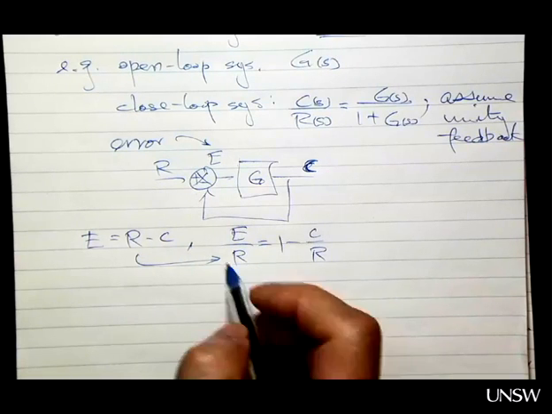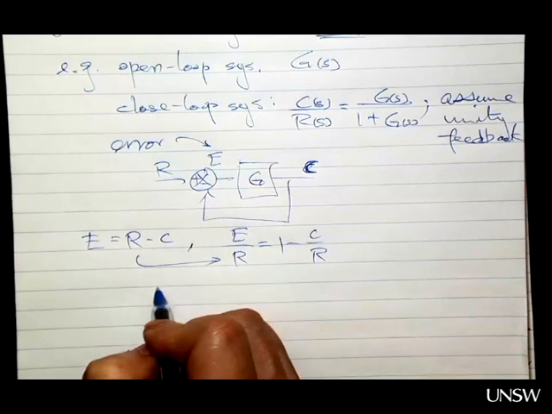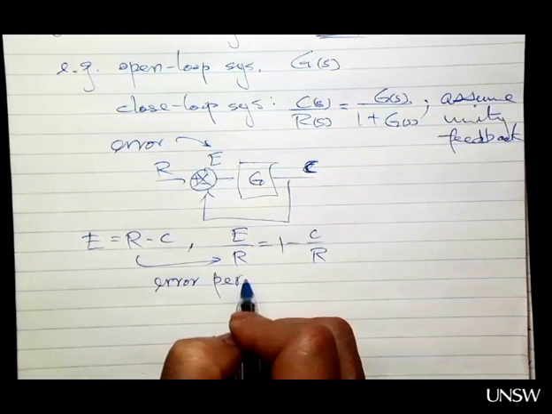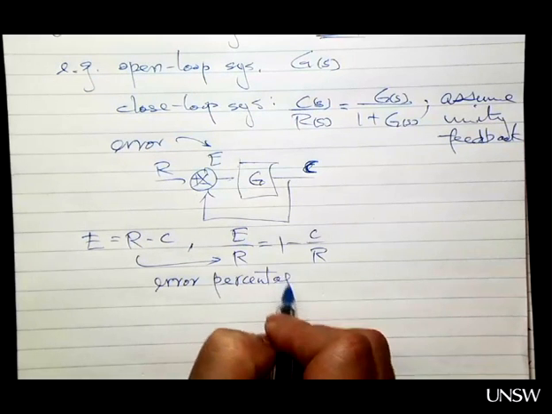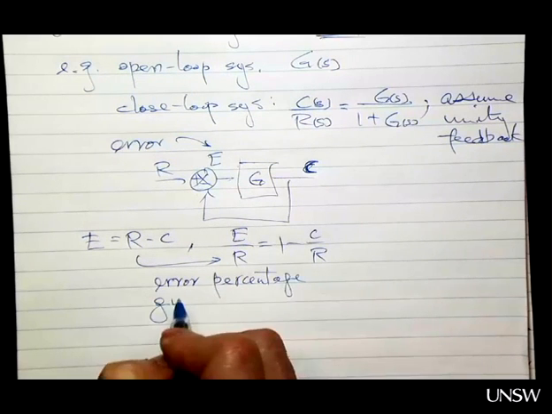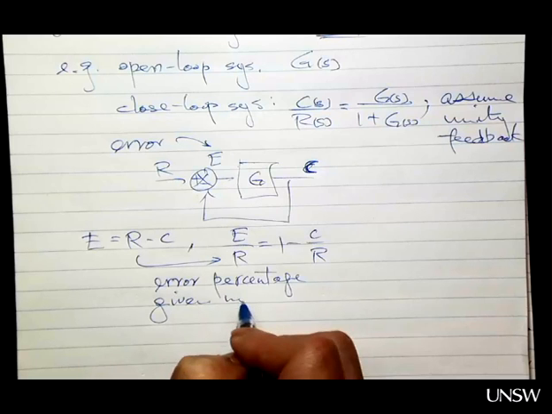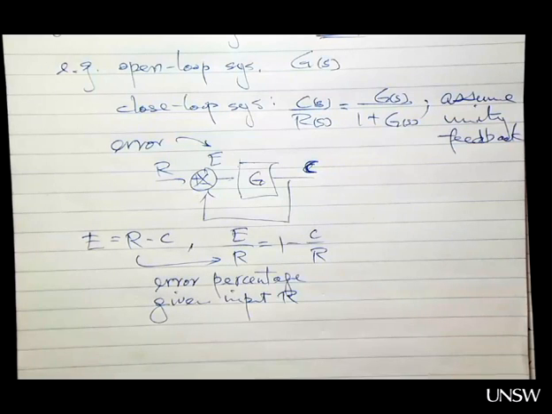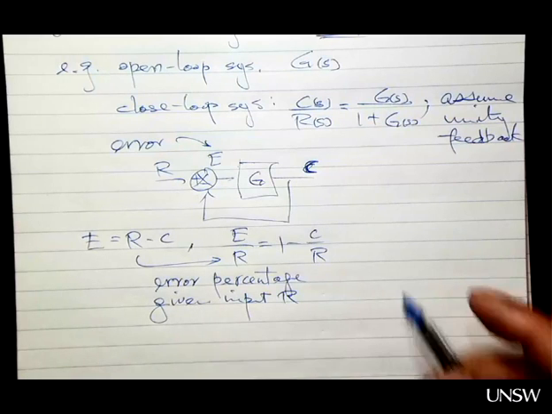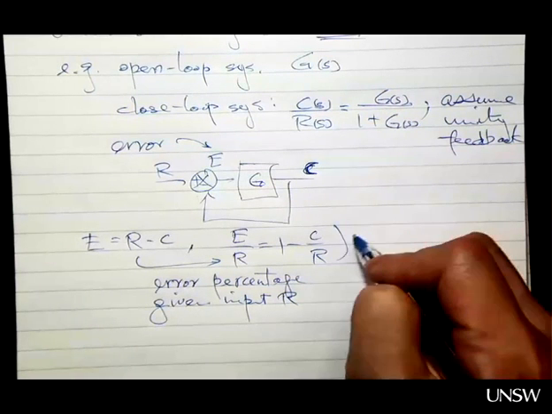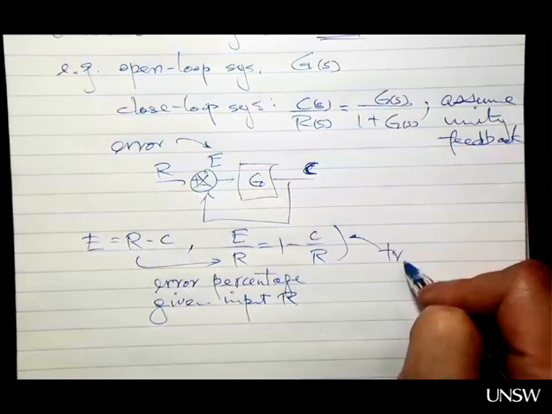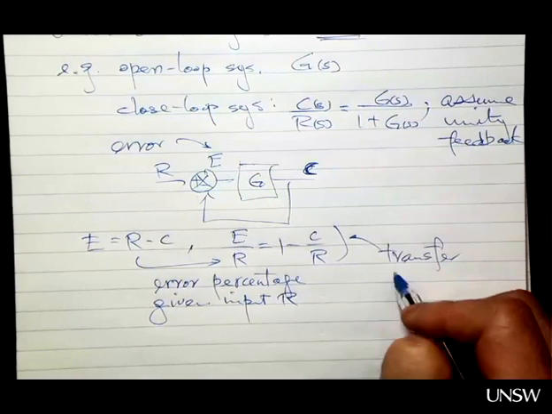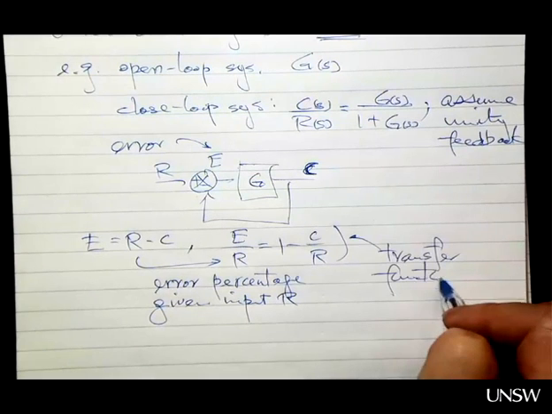So this term is the error percentage given input R. And this part, so it is the transfer function.